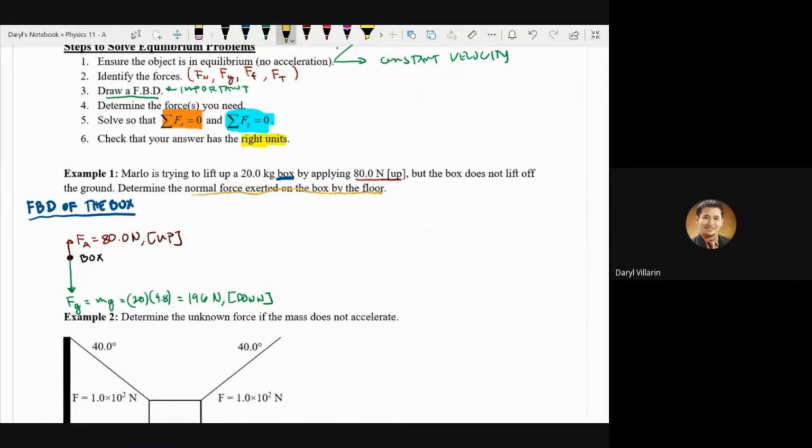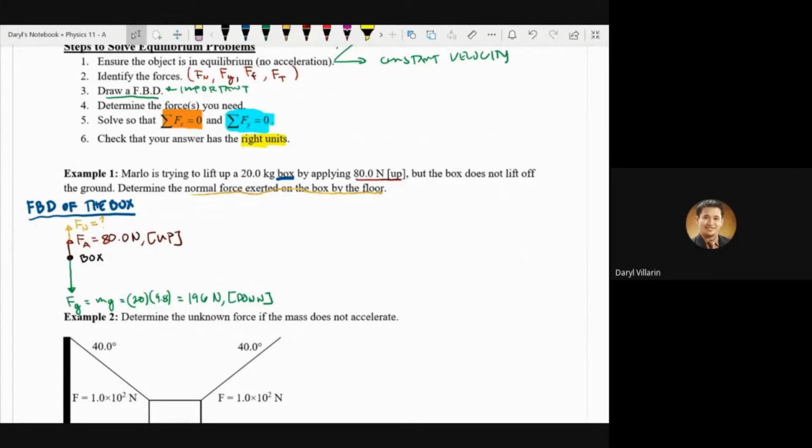It should be going up also, but that is an additional force aside from your applied force. So this would be your normal force, and that should be a question mark. This would be your free body diagram of the box. You have the normal force, the force that you apply, and gravity, or the weight of the object. The weight is downward. The normal force and applied force are both upward.